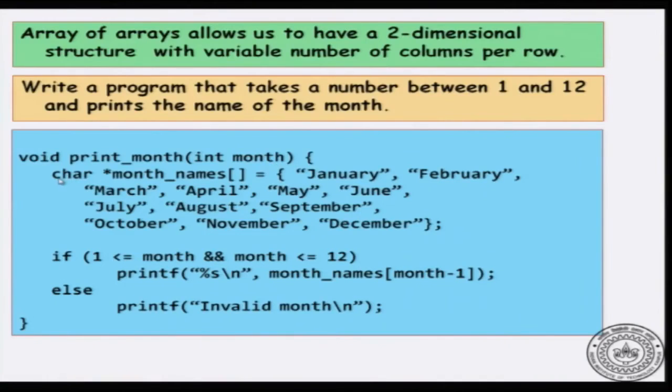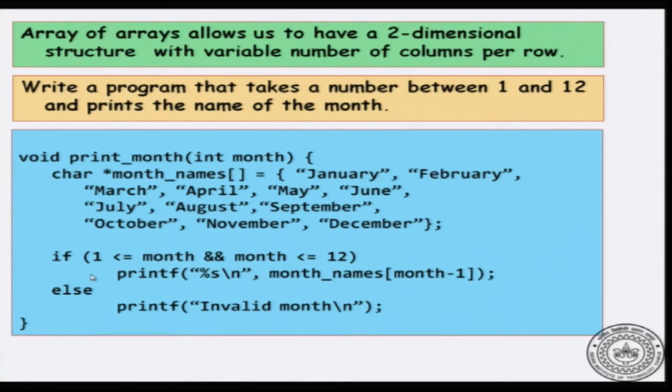We just saw a solution to this problem, which is to store arbitrary length strings in one structure. We would make an array of arrays. So, you can say char *month_names[]. This is an array of arrays of character, and then you can just initialize it to the month names.